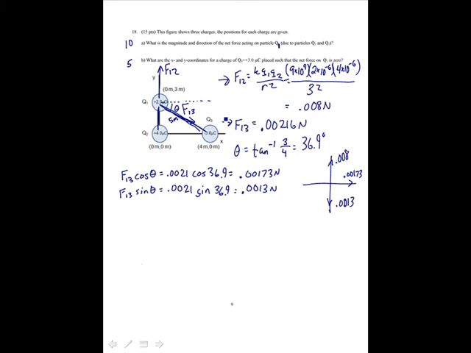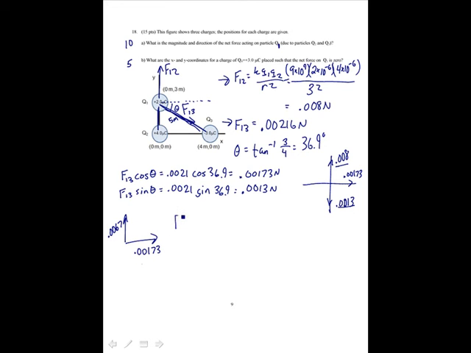Now if I subtract these two numbers, my x and y components of the resultant force are 0.0067, that's 0.008 minus 0.0013, and then in the other direction is 0.00173.